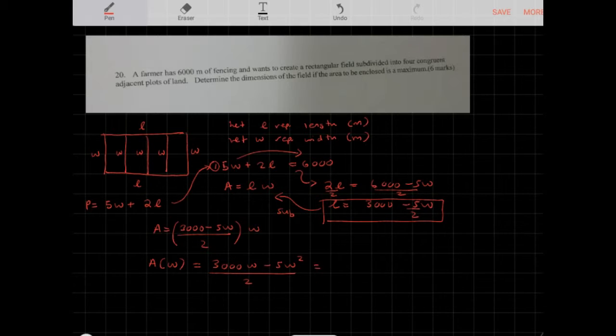And now if you want to clean this up, if you divide all of these terms by 2, this is 1,500W minus 5 over 2 W squared.